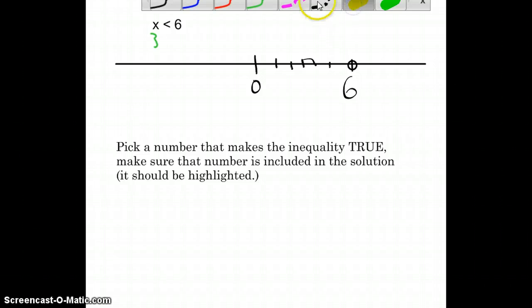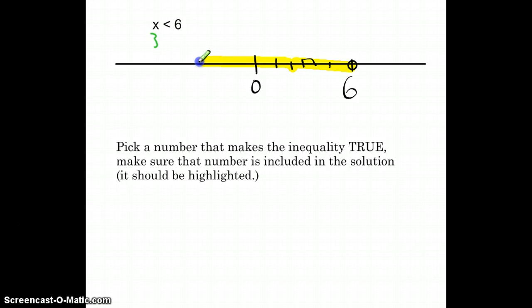Okay. So now when I color in my solutions, when I shade my solutions, I really need to make sure that 3 is in my solution set. So 3 would be right about here. And I just need to make sure that I highlight this line, that this 3 is inside this solution set, because this is what makes it true. If you think about all these numbers here that are highlighted, these are my solution set for this inequality.